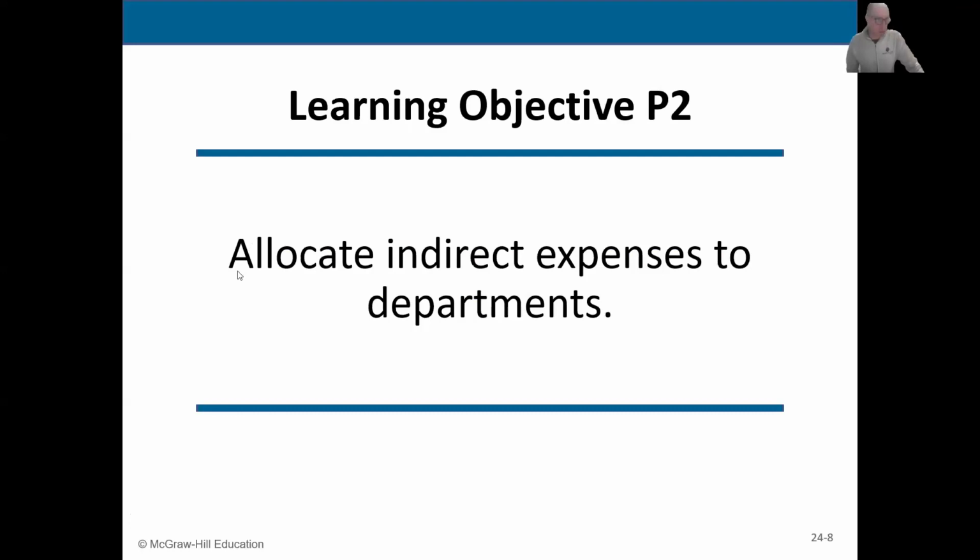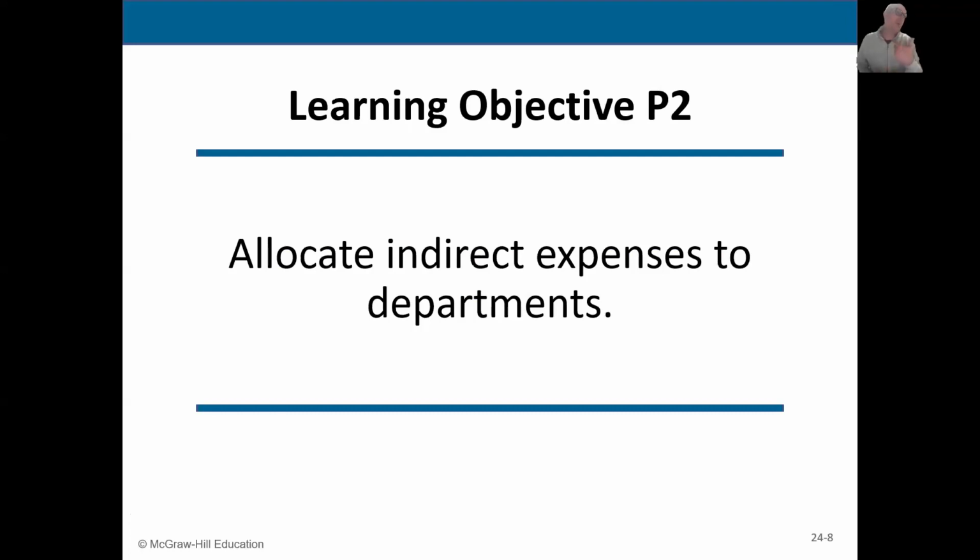Now, as you know from cost accounting, when we talked about our costs earlier on in this course, it was probably the first week or the second week, we talked about direct and indirect costs. Remember? Direct costs are costs we can directly trace to the product.